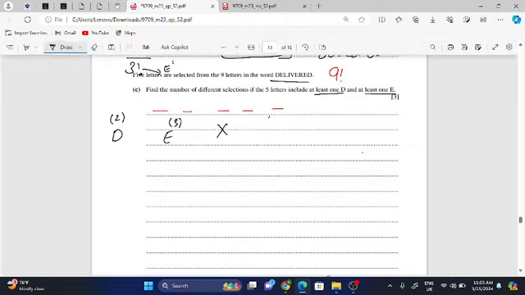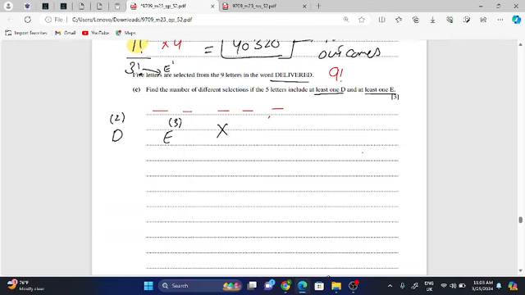So at least 1 D means there is 1, and at least 1 E, so 1 E. I have to create 5 letter words. So here is E, here is D. 3 possible options are left behind, so they could be anything that comes under the X. X could be any letter.